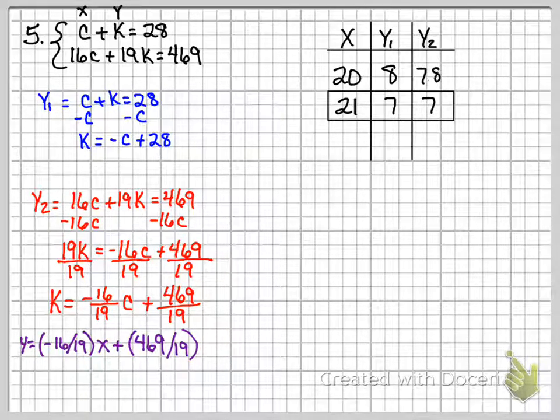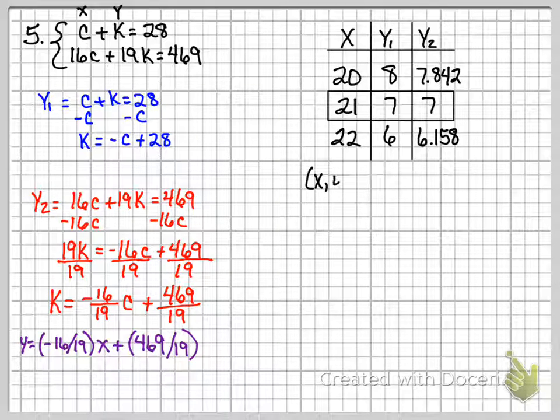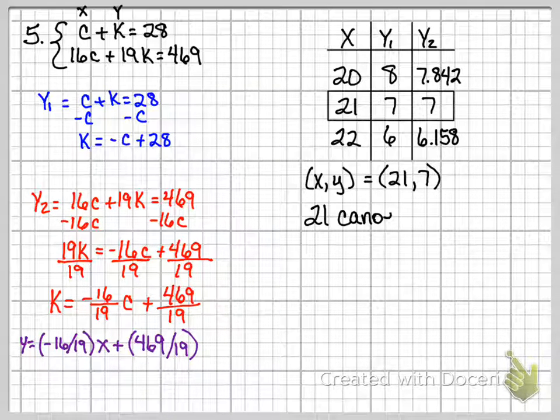To show my work, I'm going to use the numbers above, and I'm going to round to 3 decimal places. And I'm going to use my numbers below, and I'm going to round to 3 decimal places. So XY is 21, 7. That means I have 21 canoes, and I have 7 kayaks.